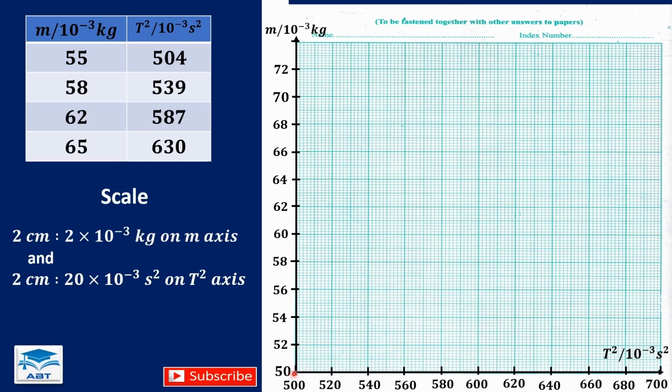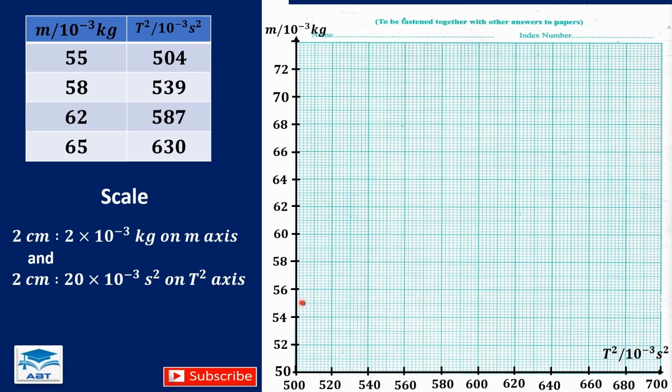So it means each small box on the horizontal axis is equal to 2. For 504, this is 500. And one box is 2. So we have 502 and 504. That means 500 plus 2 more small boxes. So they will meet here.